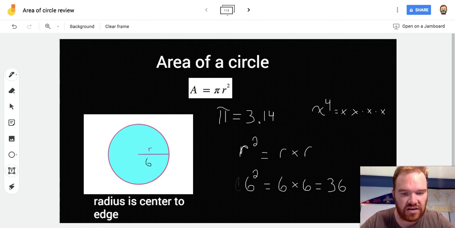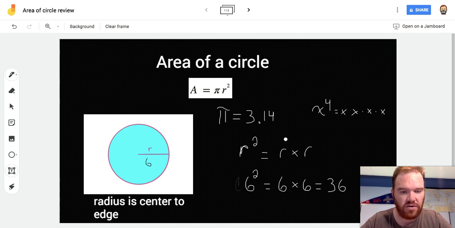I want to stress that a lot. Whenever I take something to a power, that's how many times I'm multiplying it by itself. So 6 to the second power, 6 times 6, equals 36.